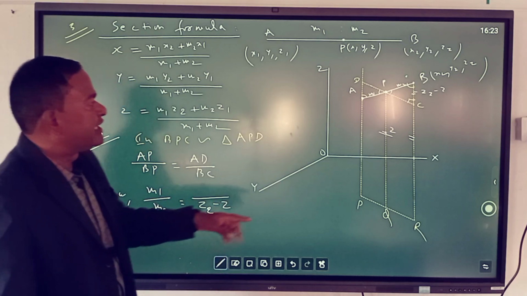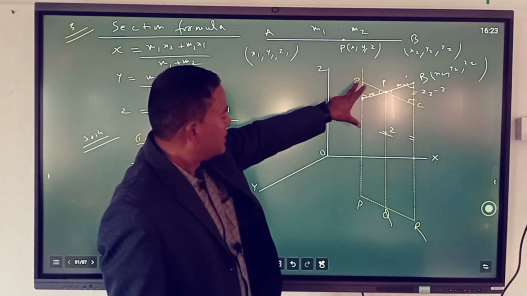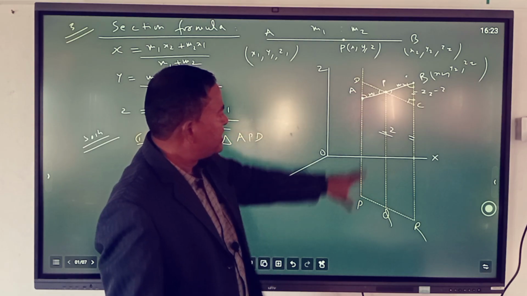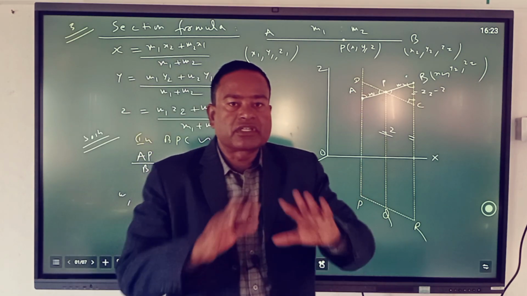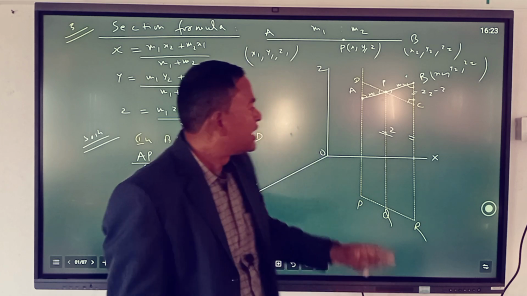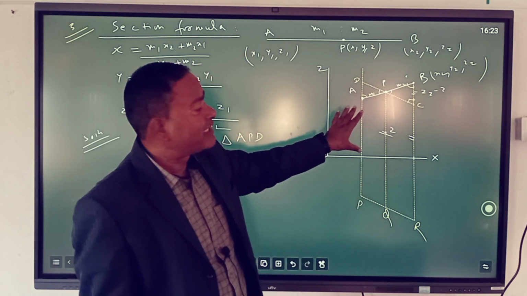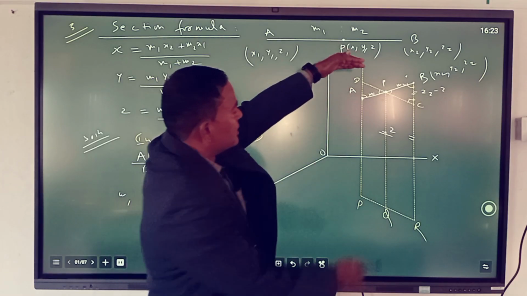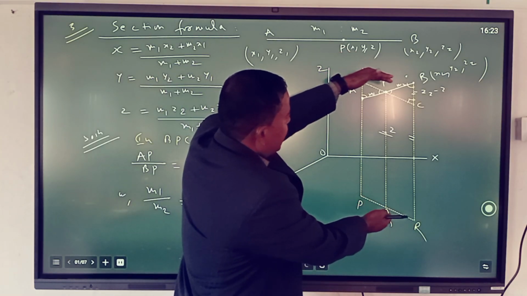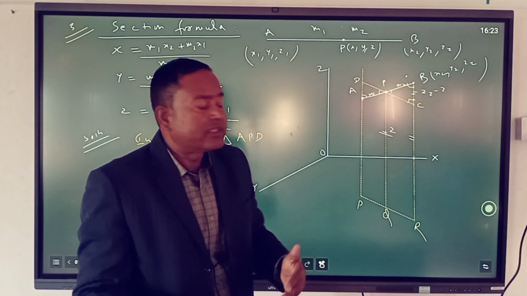Let's find the measure of AD. Dear student, PD, or we can say DP and PQ are equal because a rectangle is formed in this space, and we know that opposite sides of a rectangle are equal. So AD and PC are equal. So the measure of AD and PQ will be equal.